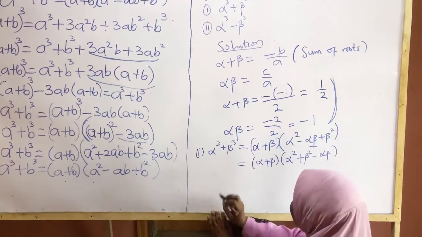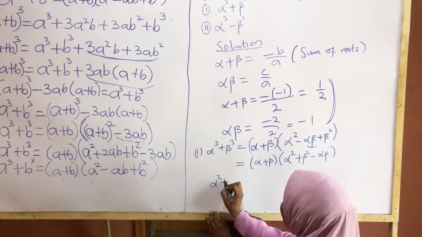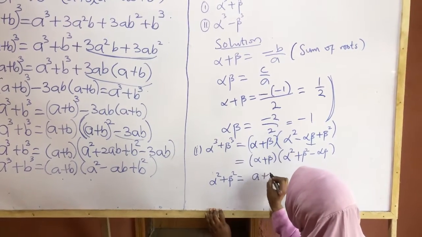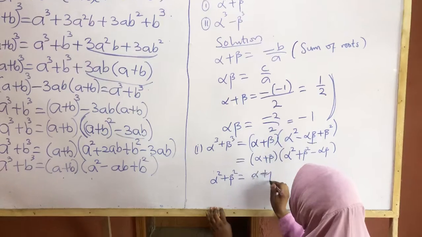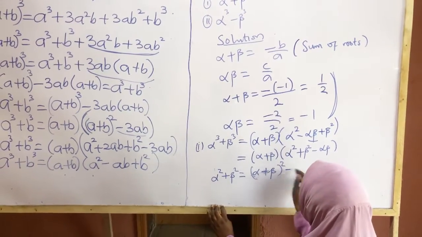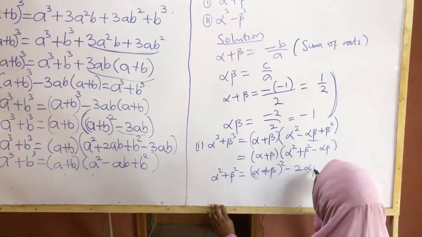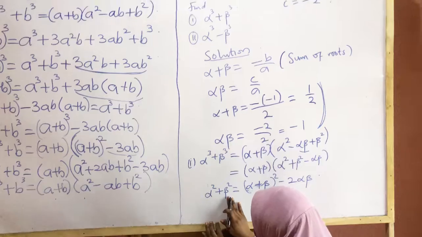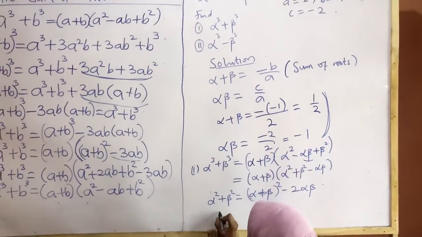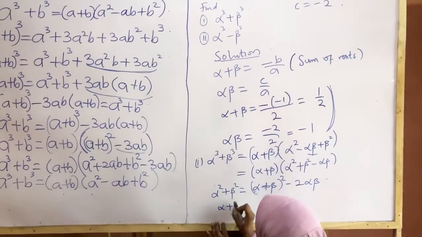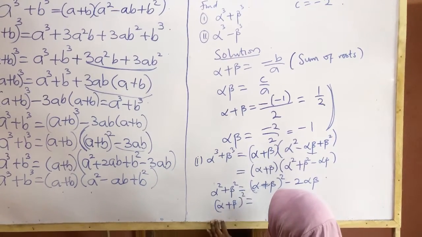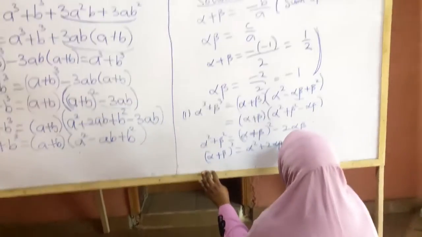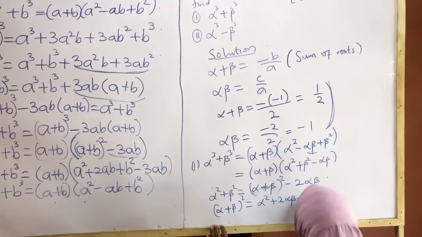This alpha squared plus beta squared can be derived from alpha plus beta, everything squared, then minus 2 alpha beta. If you want to derive the sum of 2 squares, you need alpha plus beta, everything squared. If you expand it, you have alpha squared plus 2 alpha beta plus beta squared.